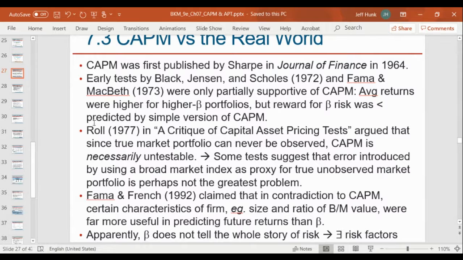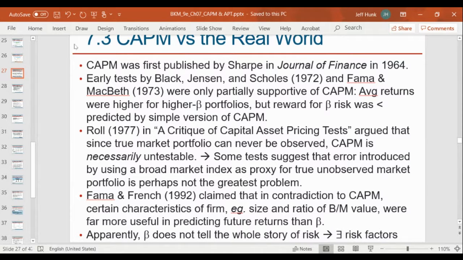And then in 1977, Roll, there were two people, Roll and Ross, who made famous critiques of CAPM. Roll in 1977 wrote the Critique of Capital Asset Pricing Tests, and argued that since the true market portfolio can never be observed, CAPM is necessarily untestable. Some tests suggest that the error introduced by using a broad market index as a proxy for the true unobserved market portfolio is perhaps not the greatest problem.